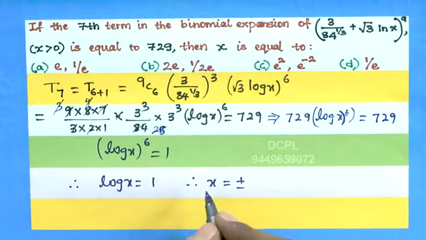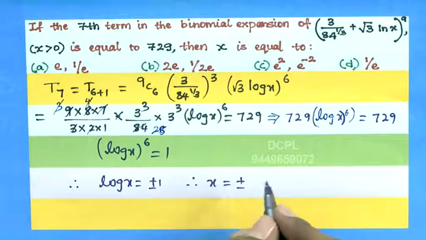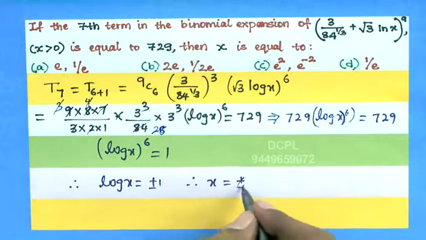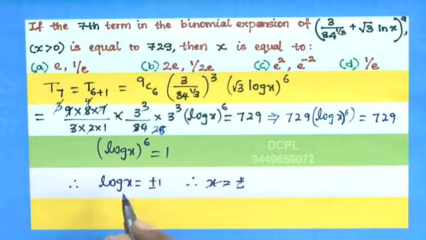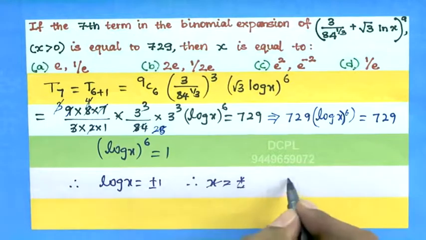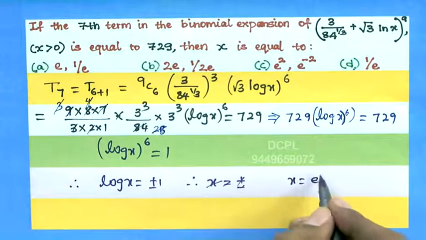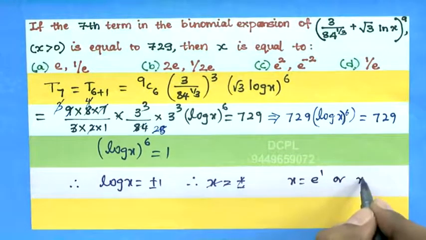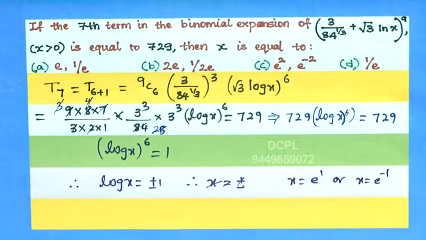Right? Actually this is plus or minus 1. Log x is equal to 1 means x is equal to e power 1, or log x is equal to minus 1 means x is equal to e power minus 1. Therefore, x is equal to e or 1 by e.